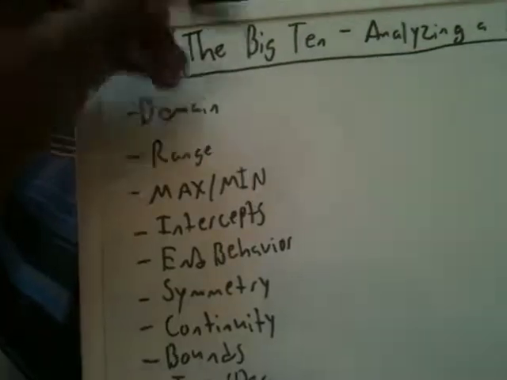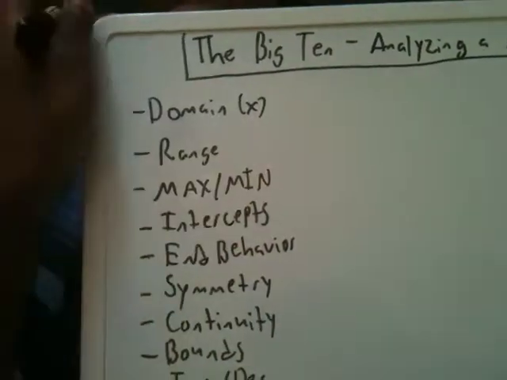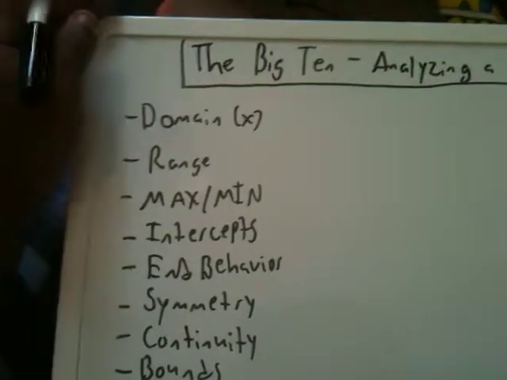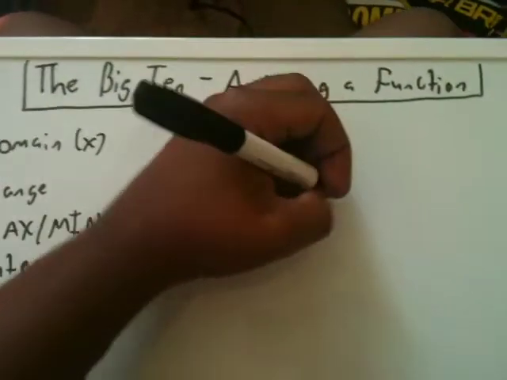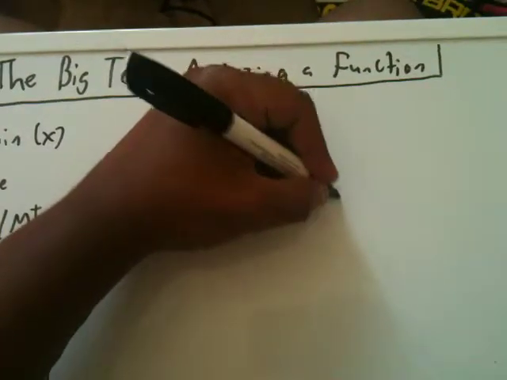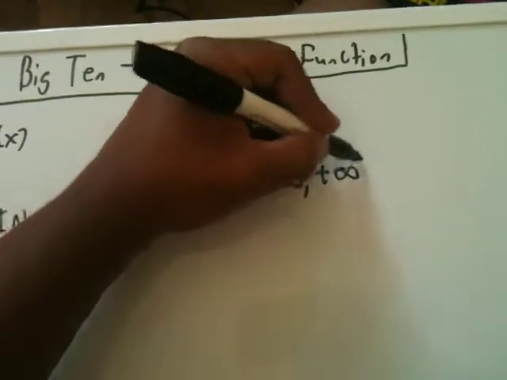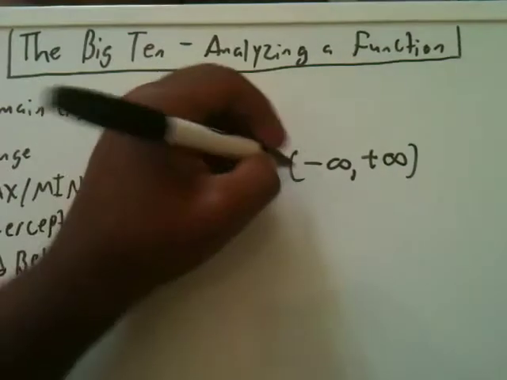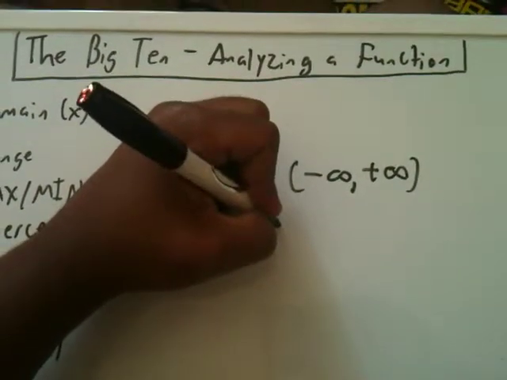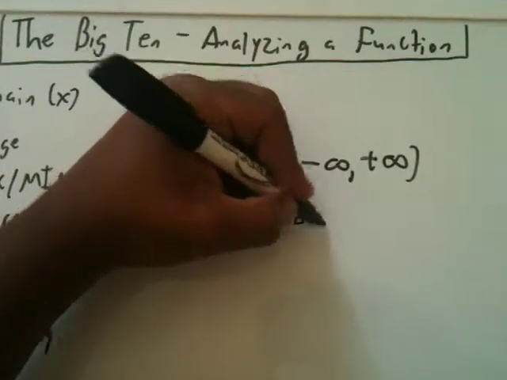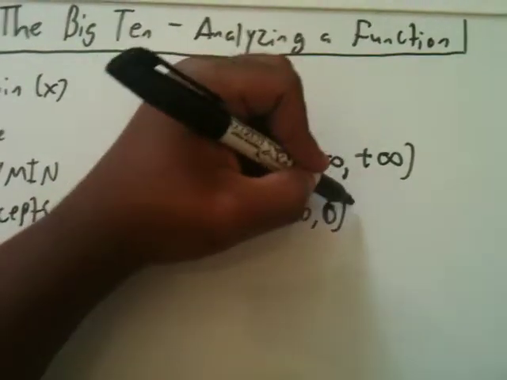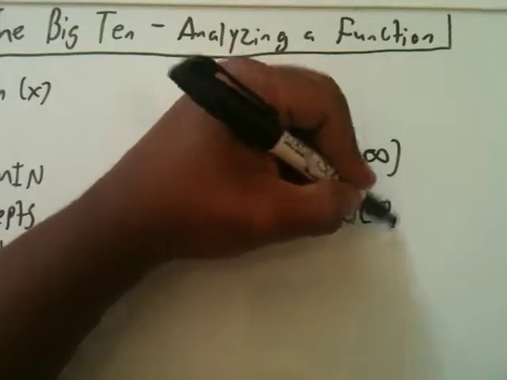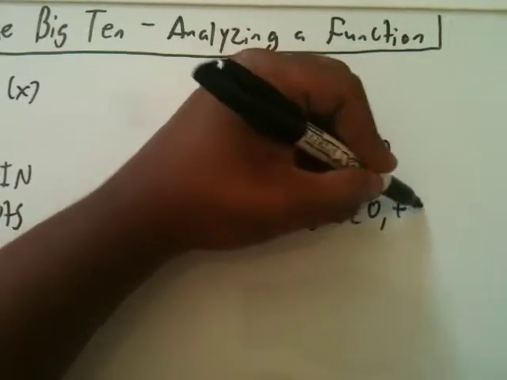So first is the domain. And the domain is what x that you're allowed to plug into. And the domain is specified as an interval. So usually you'll see domains as negative infinity, positive infinity, or sometimes in the case of a rational function, like if it was y equals 1 over x, negative infinity, 0, union 0, infinity.